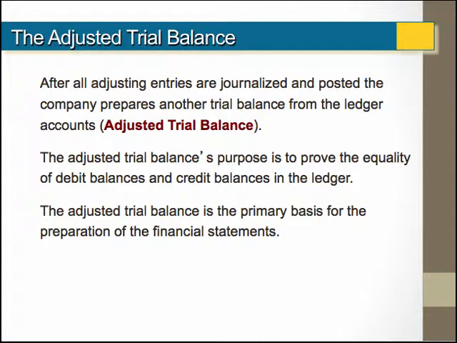We've talked about the trial balance prior to adjustments as a tool to make sure that our debits equal our credits. The same situation occurs with the adjusted trial balance. The adjusted trial balance is taking the balances from our general ledger and posting them up in the debits and credits to ensure that our debits and credits remain equal.